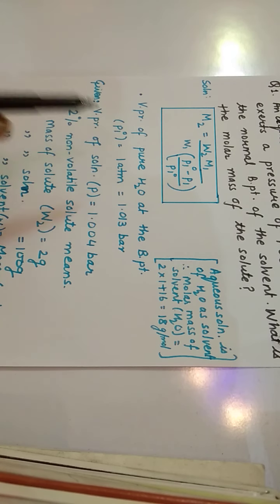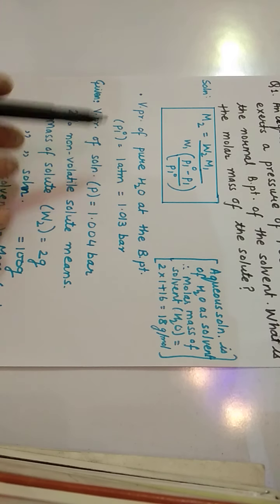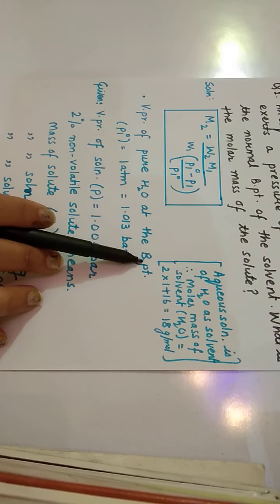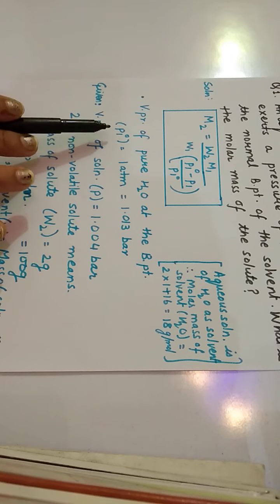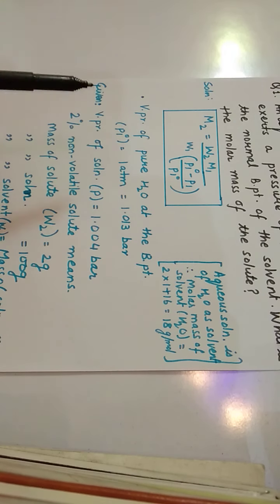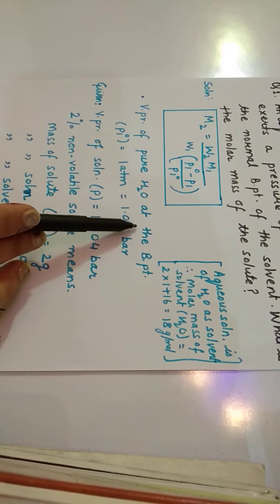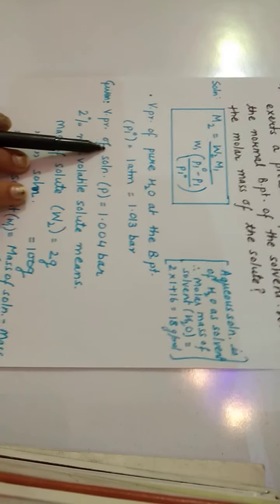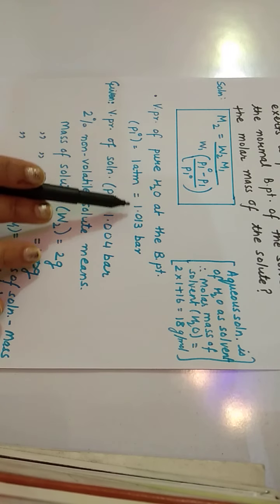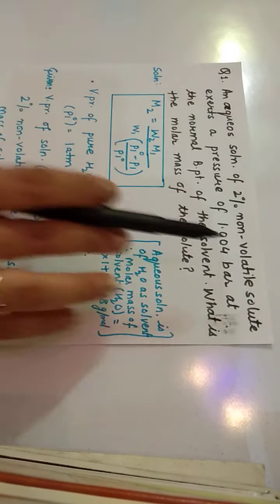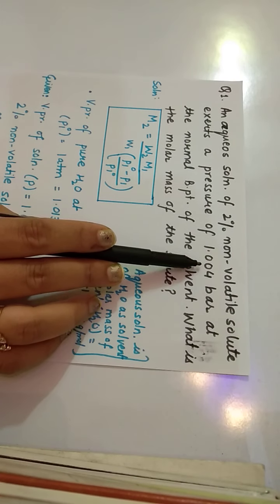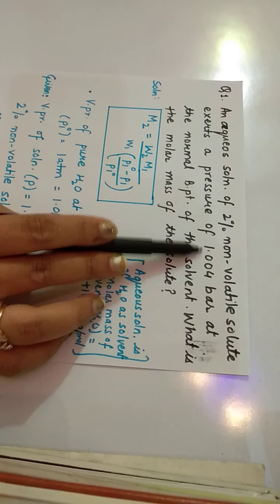If you heat pure water, then the vapor pressure of pure water at its boiling point will be always equal to 1 atmosphere, a fixed value, and 1 atmosphere is equal to 1.013 bar, because here the vapor pressure of solution is given in bar.